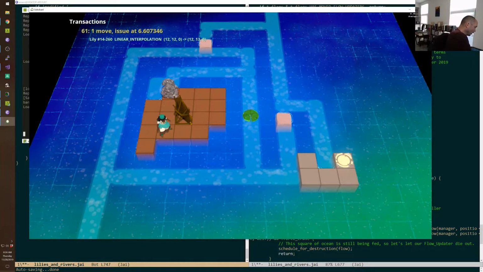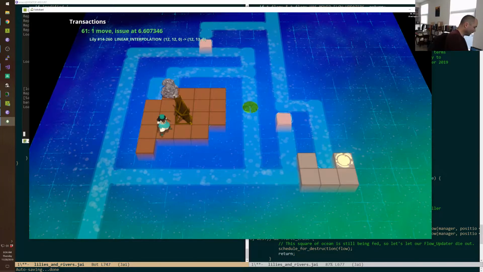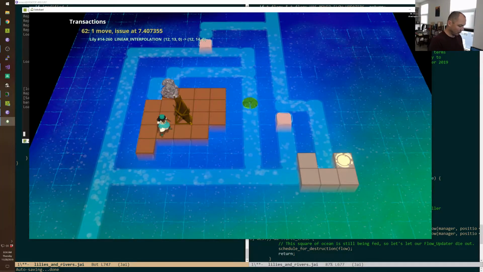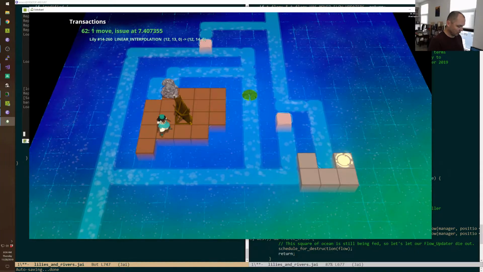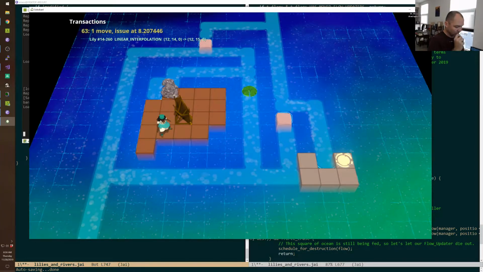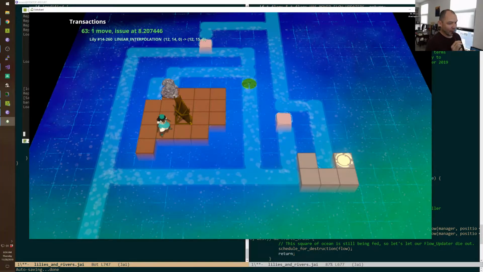So we are going to change visualize move delay. We're maybe going to want to tune move delay depending on what's happening.